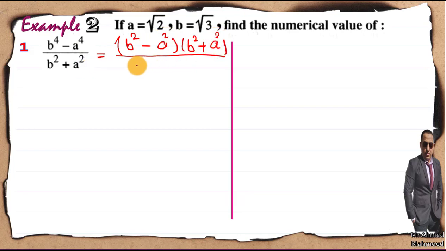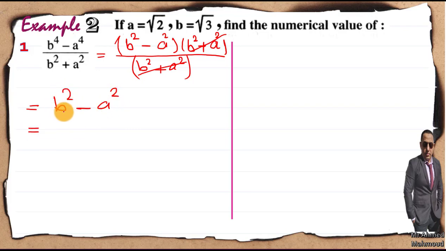And here b power of 2 plus a power of 2. Now I have b power of 2 plus a power of 2 up and b power of 2 plus a power of 2 down. Cross them together. The result will be b power of 2 minus a power of 2.